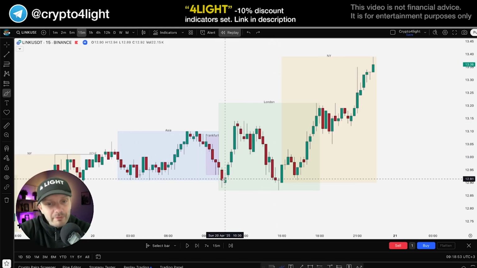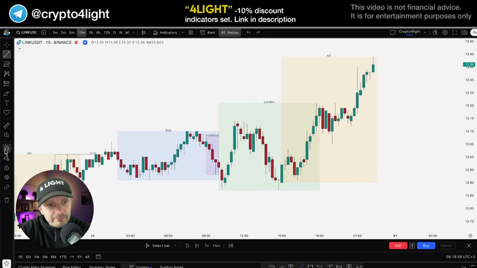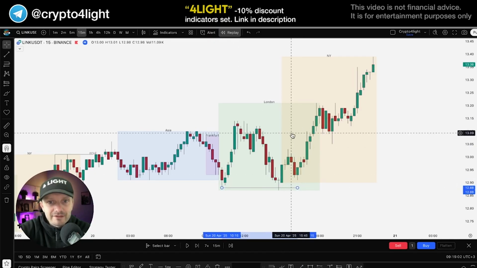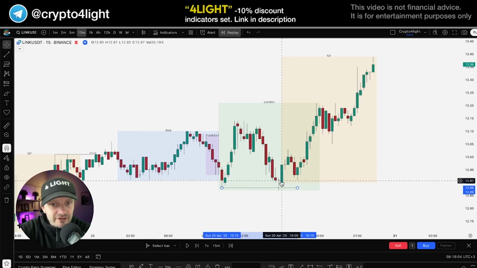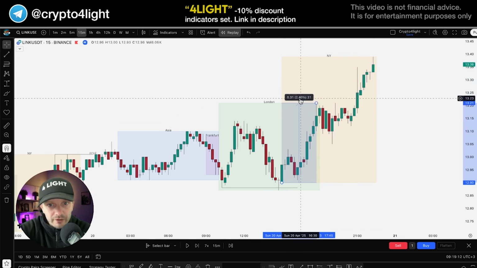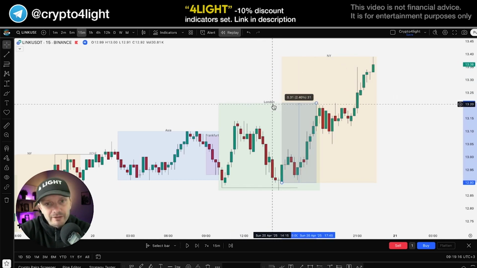Entry depends on the timing, depends on the news. It can be one more sweep of liquidity, a tiny one. And in the New York session, here's the New York session, we got an entry for a potential 2.4% because we need to grab the liquidity of the manipulation stage.